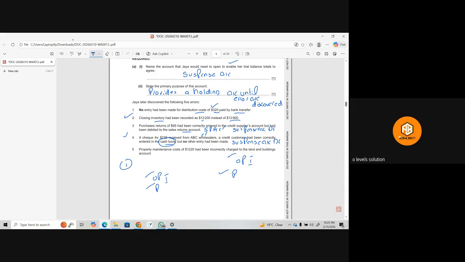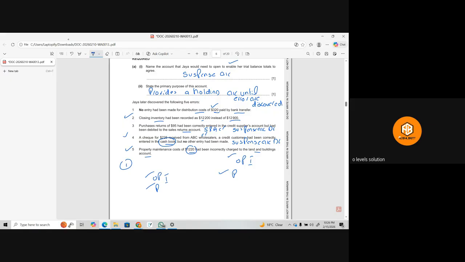Then we have the next error, the property maintenance cost of 1220. This should be debited, but it had been incorrectly charged to the land and buildings account. So this is the expense and this is the asset.